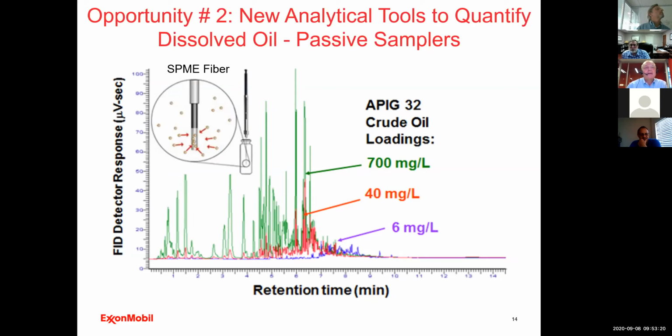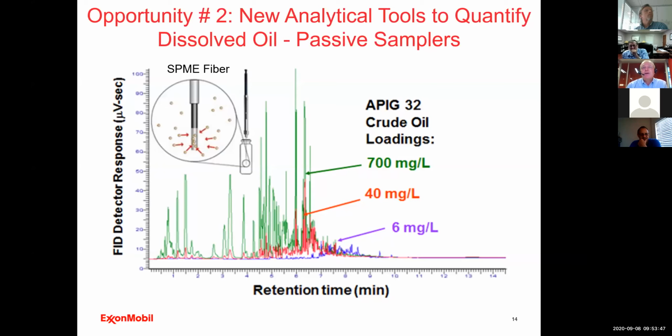And so what I've shown here in this plot are SPME chromatograms that have been generated by equilibrating fibers in a WAF. This is a pretty light crude oil at different loadings, 640 and 700 milligrams per liter, and that's shown in the different colors. And you can see at the low loading, you really only pick up pretty insoluble components.